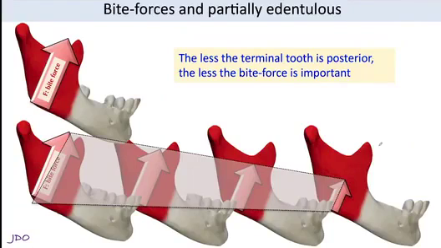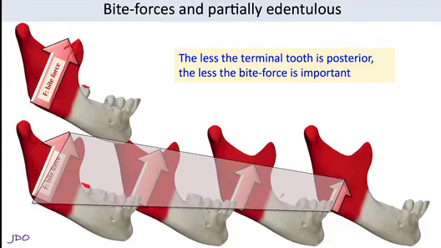But the bite force is not the same if you have teeth, if you have molars, posterior teeth, for example, or if you have none. The less terminal tooth is posterior, the less the bite force is important. When we have teeth here or here, you can clench very strongly.